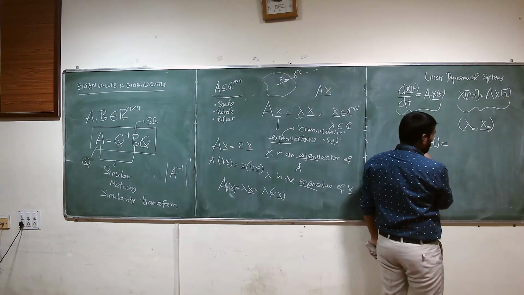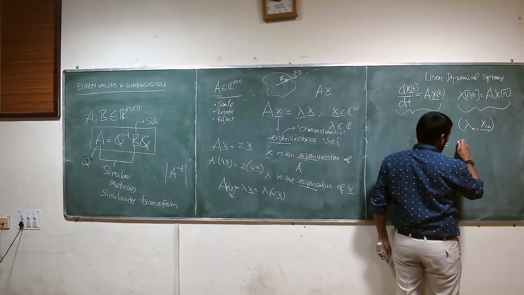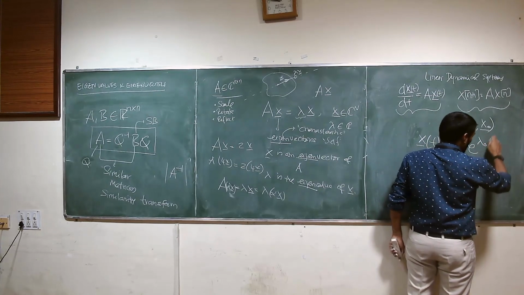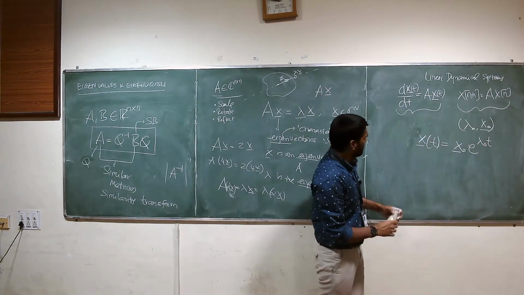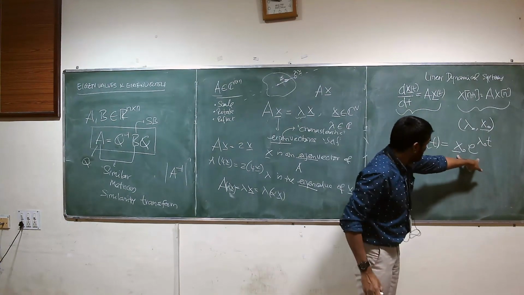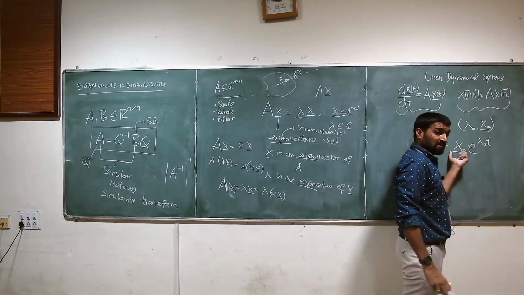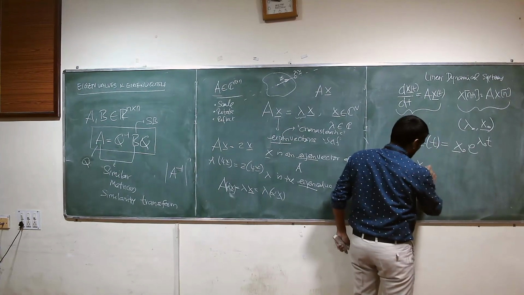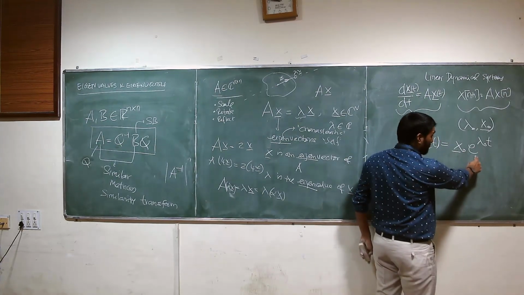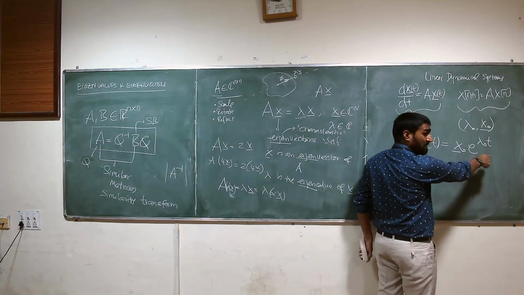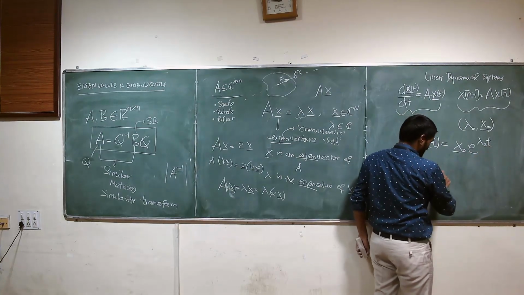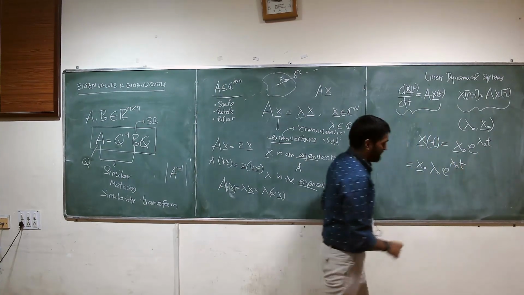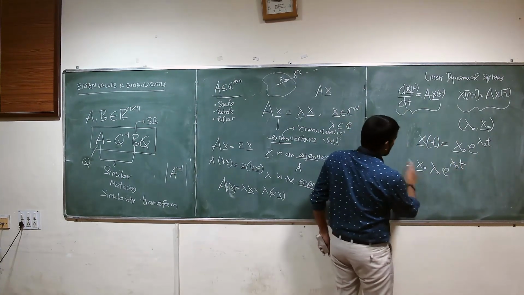If you choose a solution to be x naught multiplied by e power lambda naught t, and you take the derivative, remember x naught is a fixed vector. What is the derivative of e power lambda naught t with respect to time? It's lambda naught multiplied by e power lambda naught t. This is the left hand side.